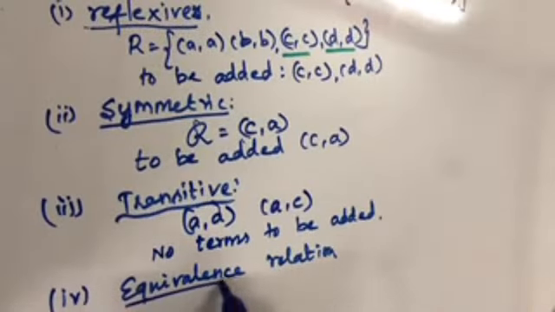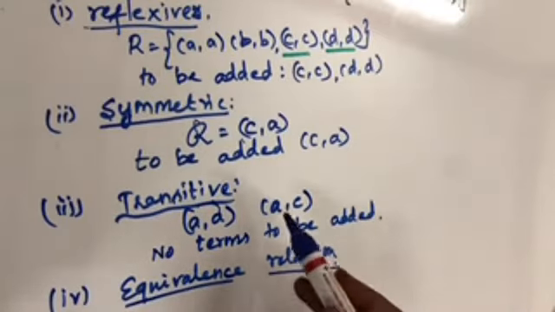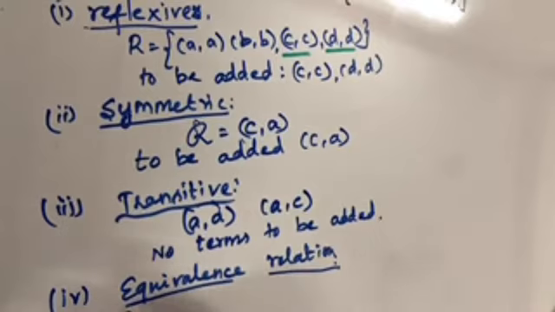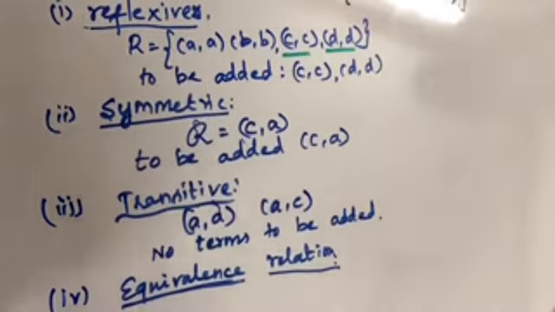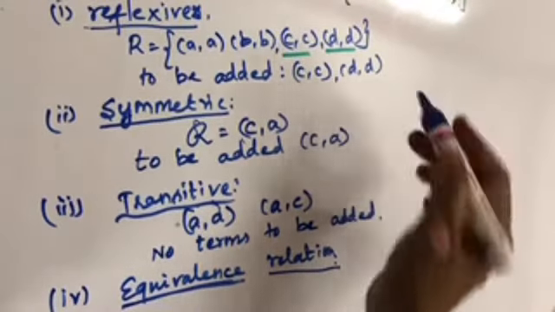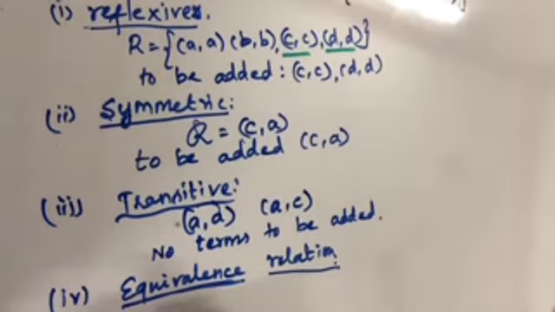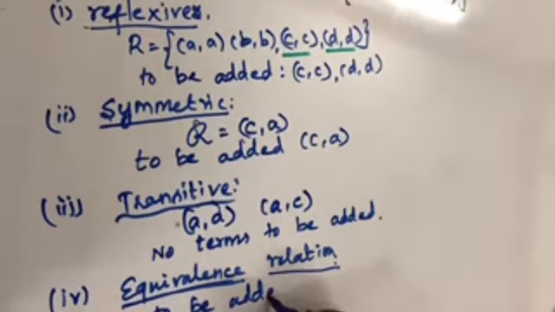To make this relation an equivalence relation, what are all the terms to be added? If a relation is an equivalence relation, it should be reflexive, symmetric and transitive. If we add these terms to R, then this relation R will be an equivalence relation.